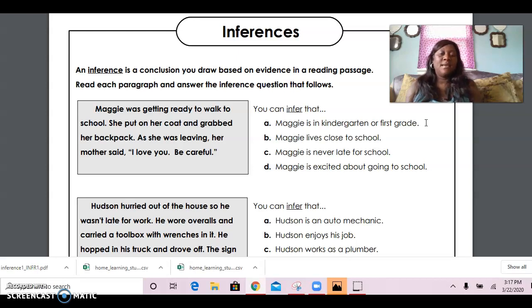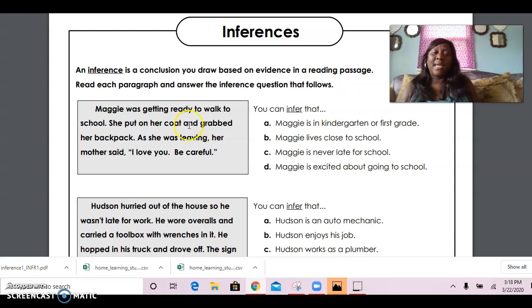Lastly, we have D. Maggie is excited about going to school. Well, I don't really see any emotion words to tell me if she's excited or upset, but I think it could still play into it because she's going by herself and she's grabbing her coat and her book bag.